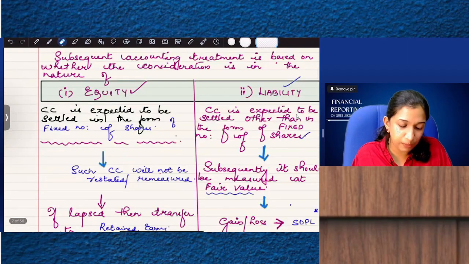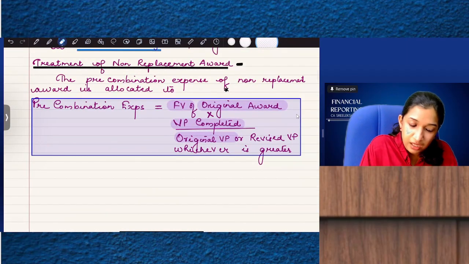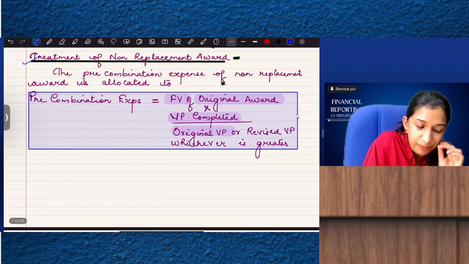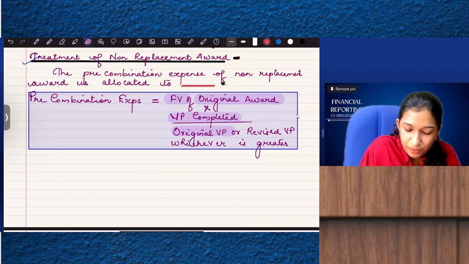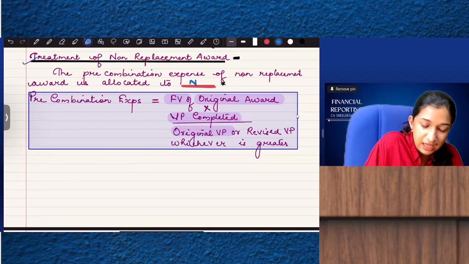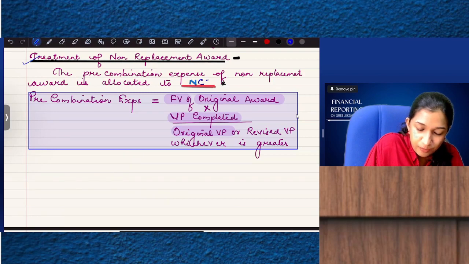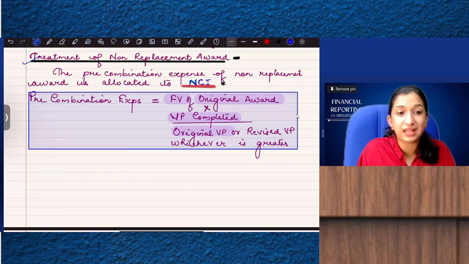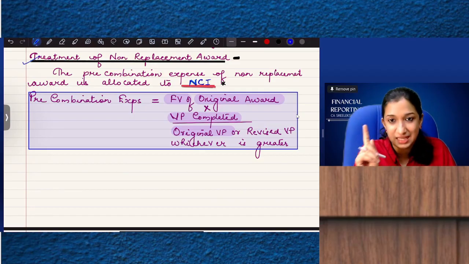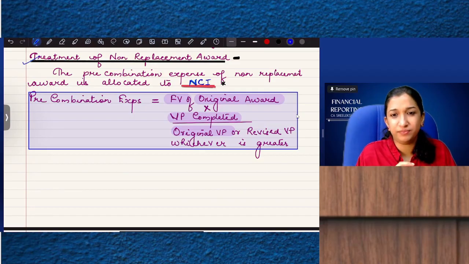How do I calculate the pre-combination expense? Treatment of non-replacement award: pre-combination expense should be recognized as NCI. Okay.